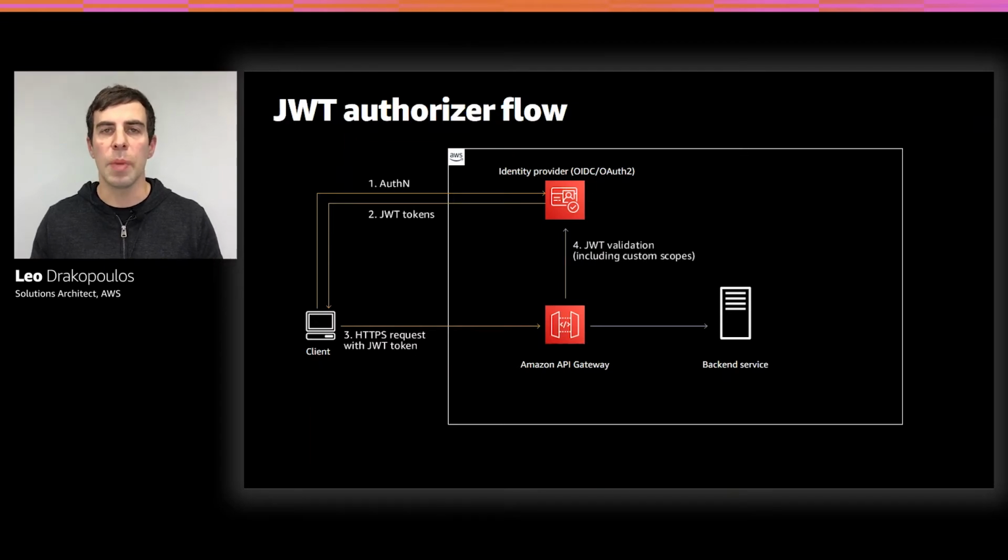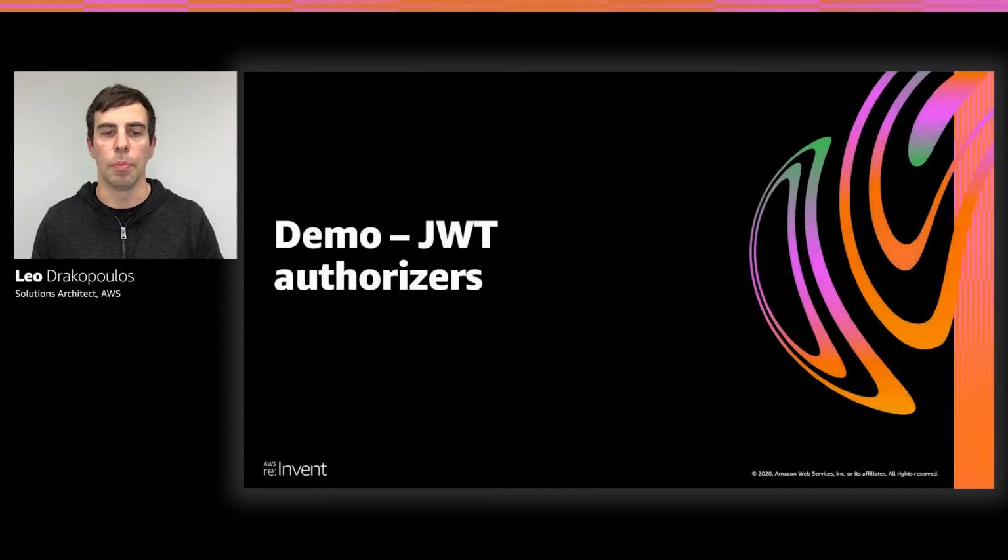And those tokens might also include some custom scopes, right? Provided that validation is successful, then the request will be authorized. And of course, you can use those custom scopes in the JWT token for further downstream authorization decisions. So that's the flow roughly for JWT authorizers. Let's have a look at the demo.